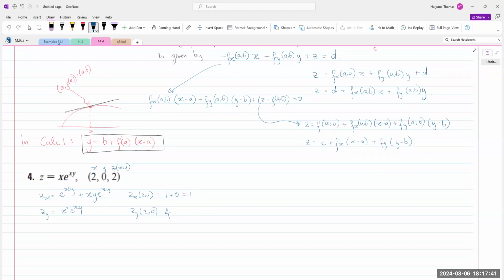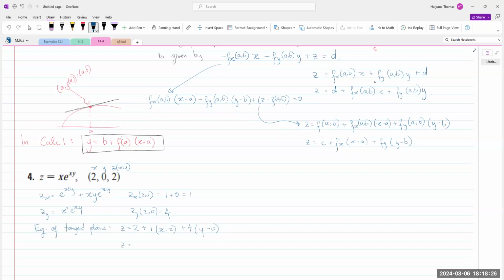So the equation of the tangent plane will be given by z equals the value at that point, which is 2, plus the partial derivative of the function with respect to x at that point, which is 1, times x minus 2, plus the partial derivative with respect to y at that point, which is 4, times y minus 0.